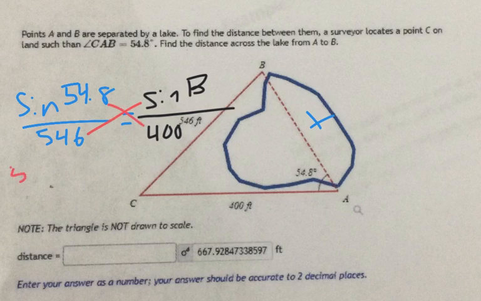So I've got 546 sine beta equals 400 sine 54.8. So beta is the inverse sine of the fraction 400 sine 54.8 over 546. I got beta to be 36.8.